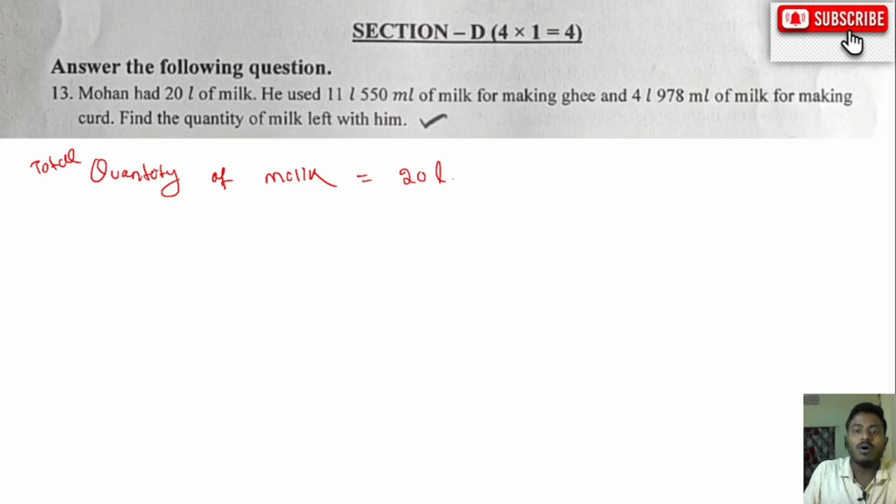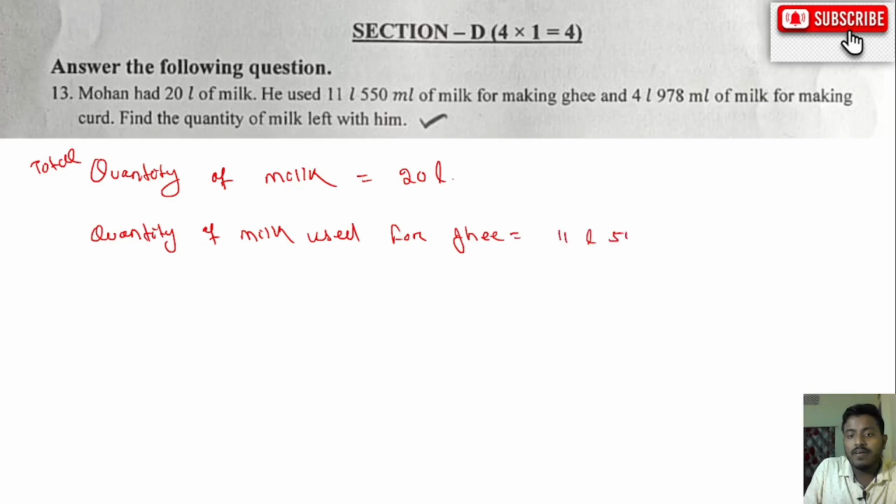Now write down quantity of milk used for ghee equal to how much? 11 liter 550 milliliter, yes or no?